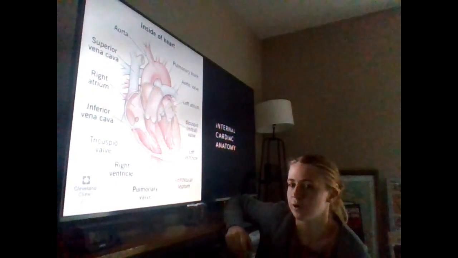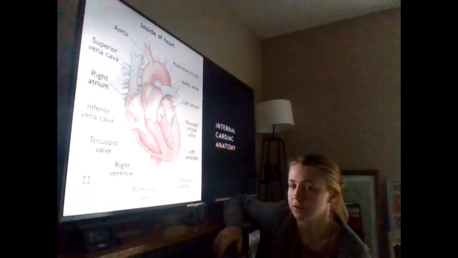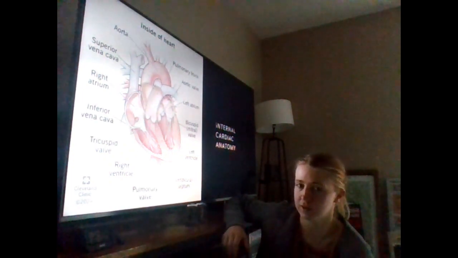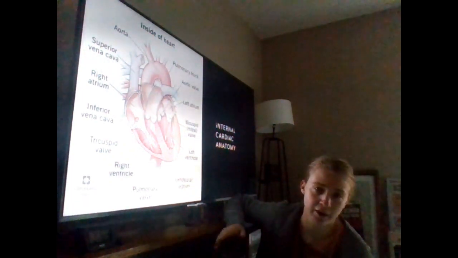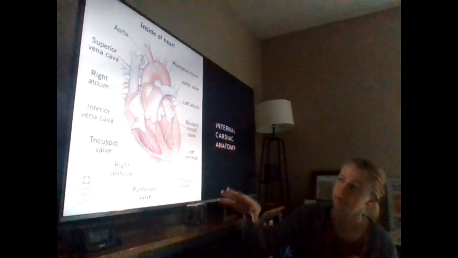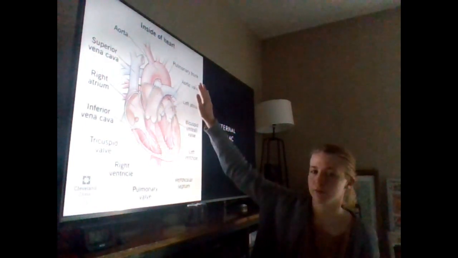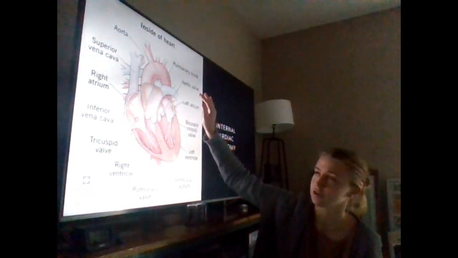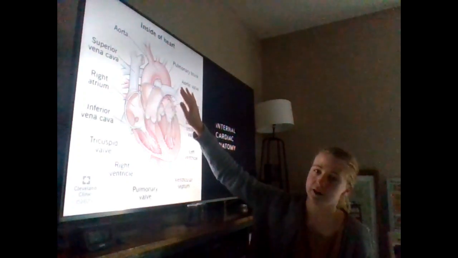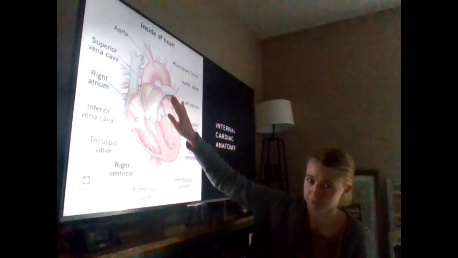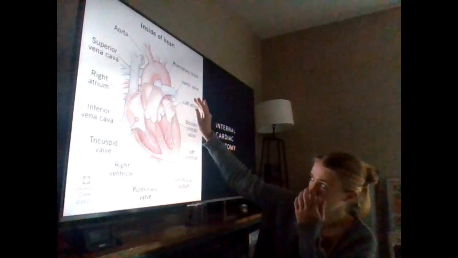It still goes away from the heart, so that rule still applies: artery, A, away, taking blood away from the heart to the lungs. But you just have to remember that this is deoxygenated blood. It has not yet gone to the lungs to be refueled.